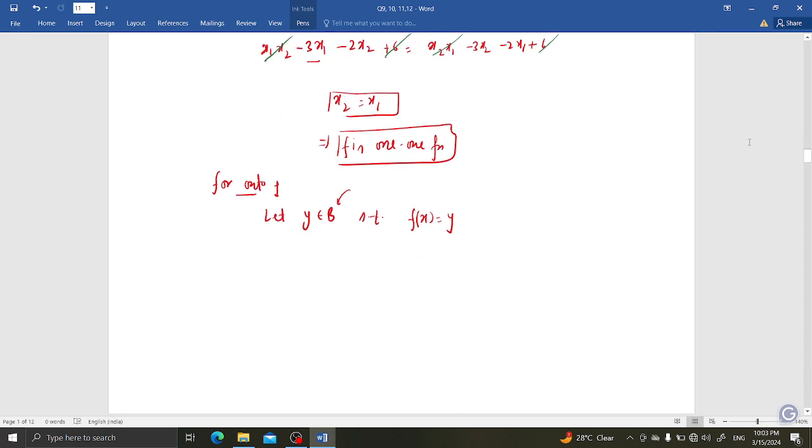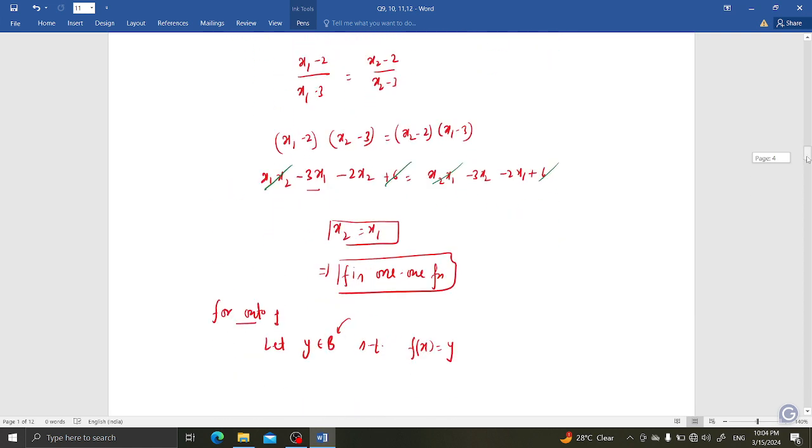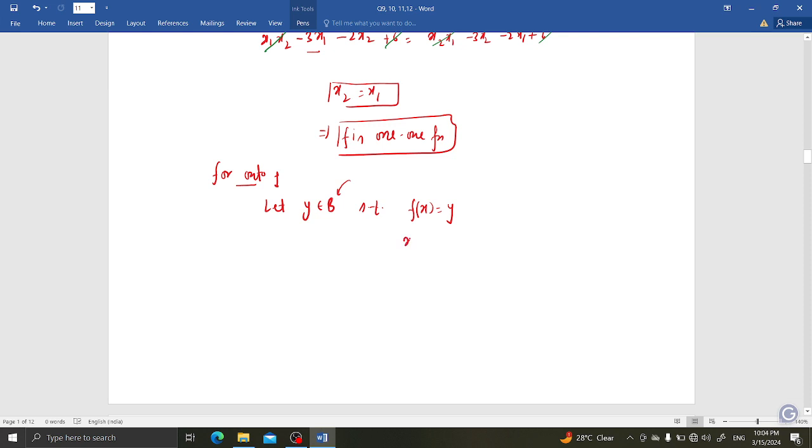What is our f of x actually? f of x is x minus 2 upon x minus 3, equal to y. So from here we need to find the value of x in terms of y. y times x minus 3 equals x minus 2, so yx minus 3y equals x minus 2.